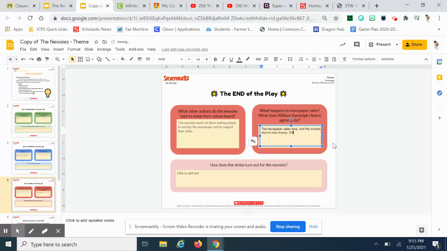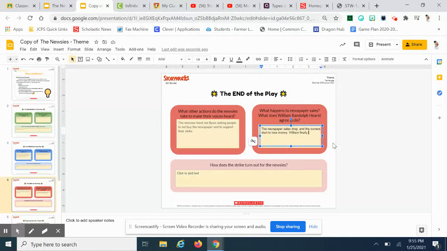So William finally, he didn't agree to drop the price of the newspapers, but he did agree that any newspaper they didn't sell, he would buy back from them.